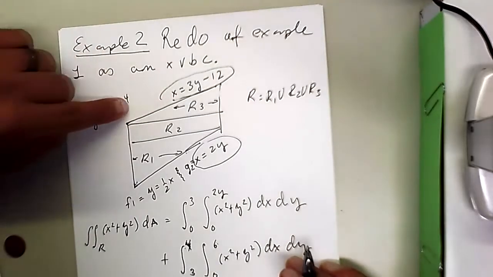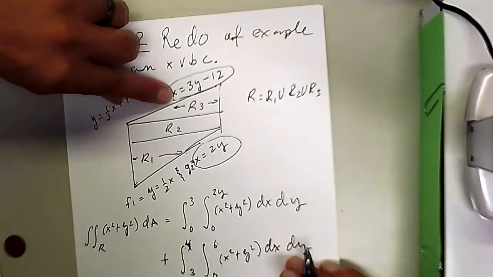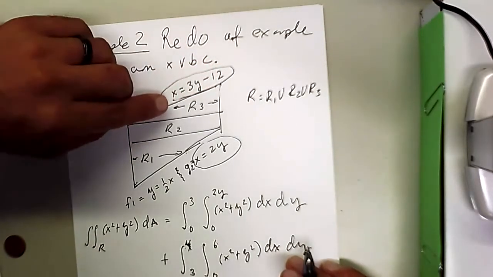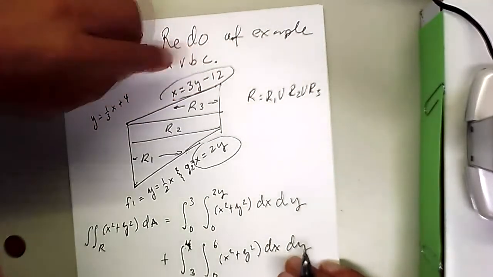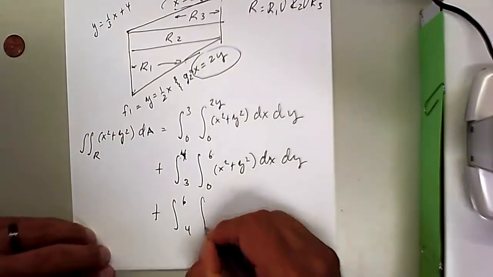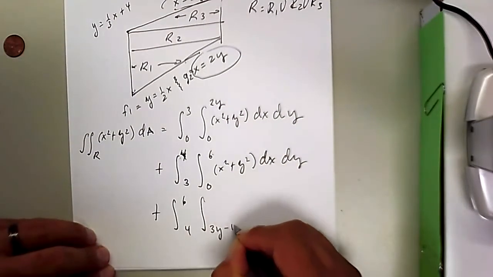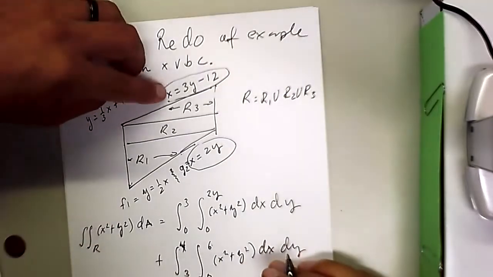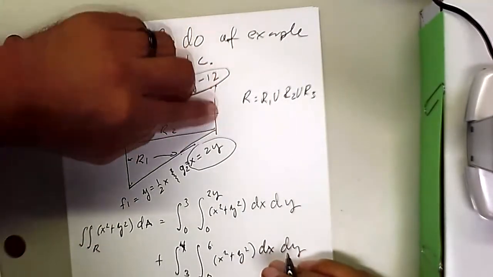So you're thinking, well, there's nothing here. Yeah, because the lower boundary starts there, 3y minus 12. That's the lower boundary, 3y minus 12. And the top boundary is 6.